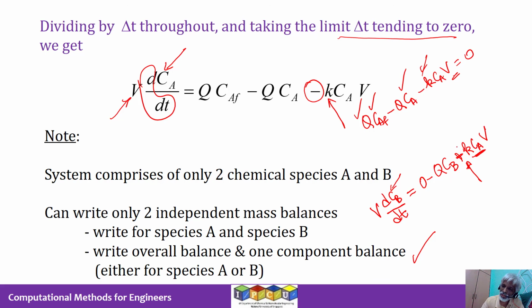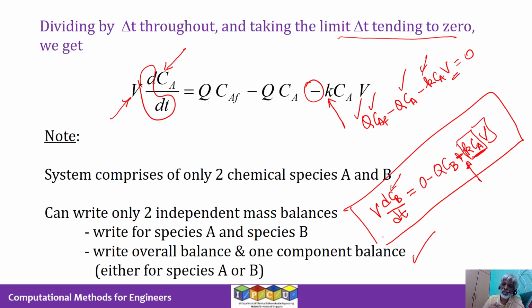So this will be the amount of B that's formed during the time interval delta T that we observed the system, and you have to multiply it with V like we did here. So you will get an equation like this if you write a species balance for B. Try to see if that makes sense to you. Thank you.